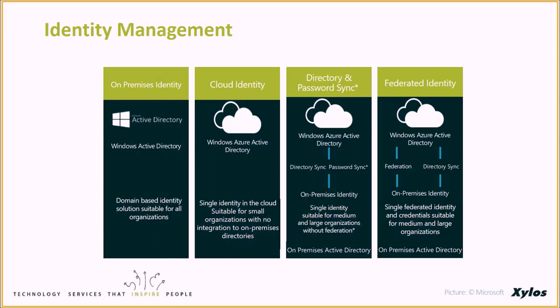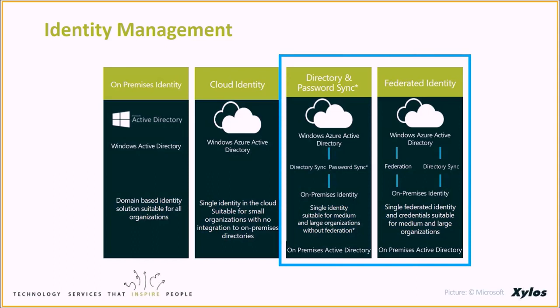If you don't do identity management, you can't use the cloud, you can't use Office 365, and you can't use these hybrid capabilities. So that's really paramount. Now, there are different models in identity management for the cloud. The ones that we can use for SharePoint Hybrid are the last two options. So directory and password sync and federated identity.